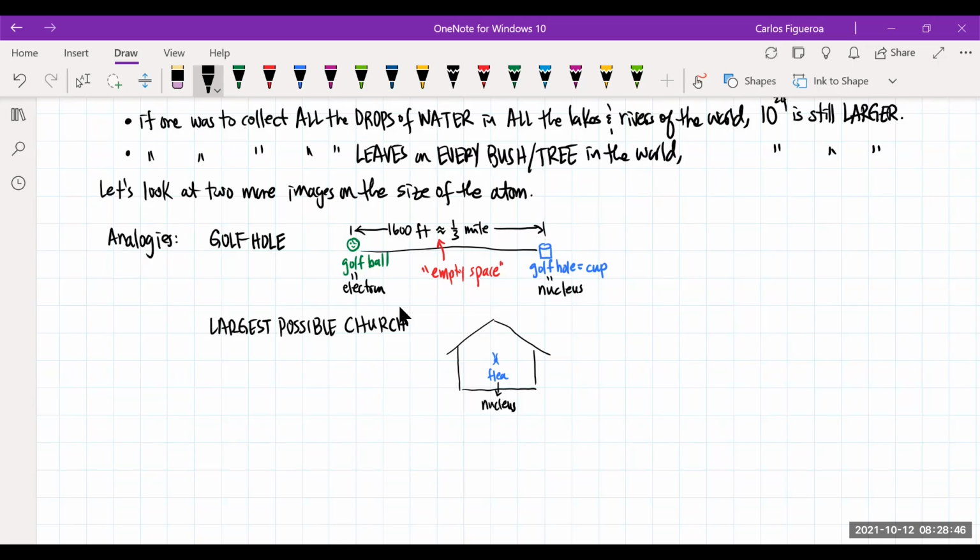And then off over here to the edges of the cathedral, the outer walls, this corresponds to the location of the electrons.